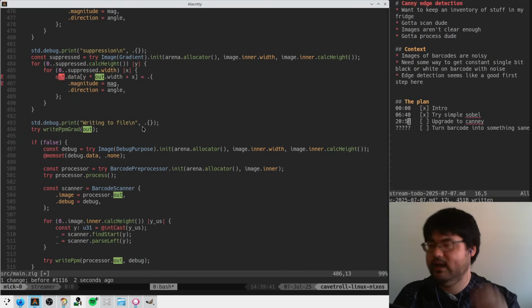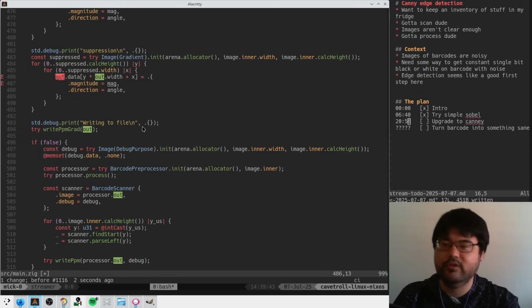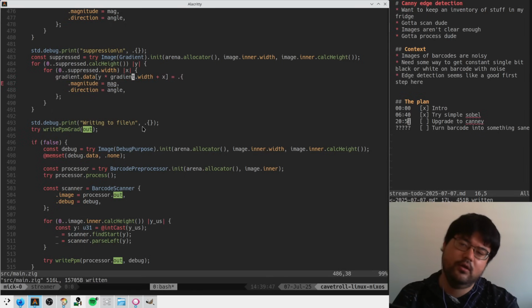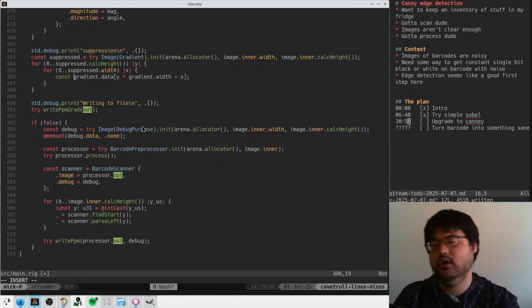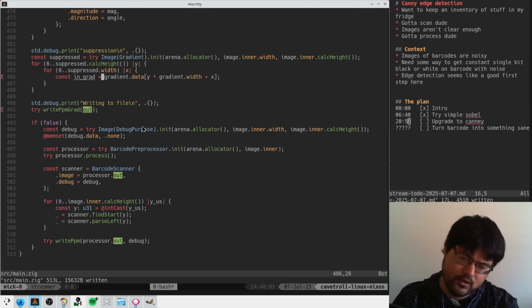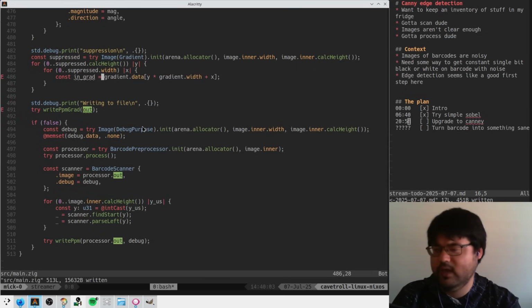So we're looking at the gradient data here. And I guess in gradient is this. We need to look at the angle.